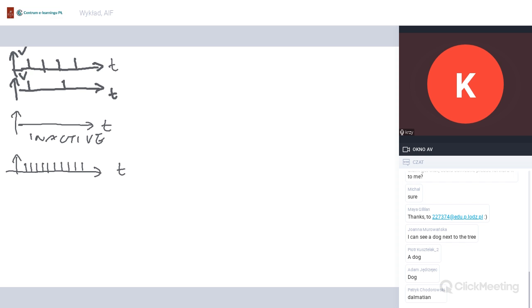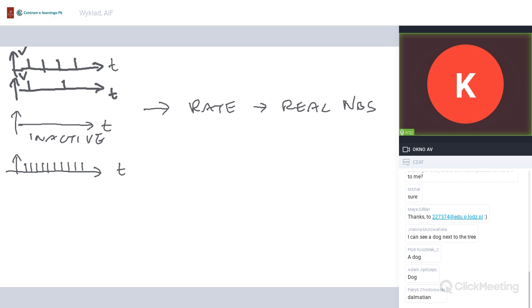So if this is the case, the first simplification that is made in neural networks is to convert rate into real numbers. That tremendously simplifies analysis.